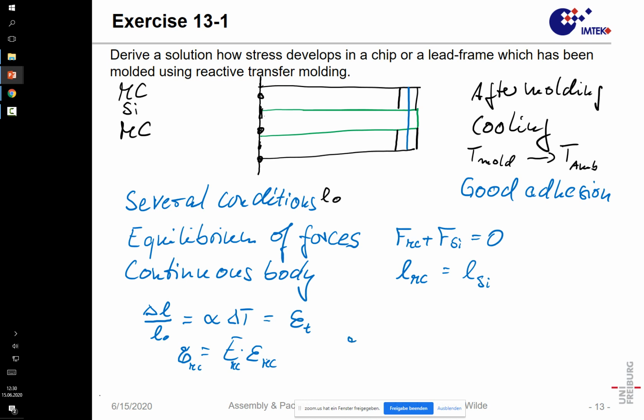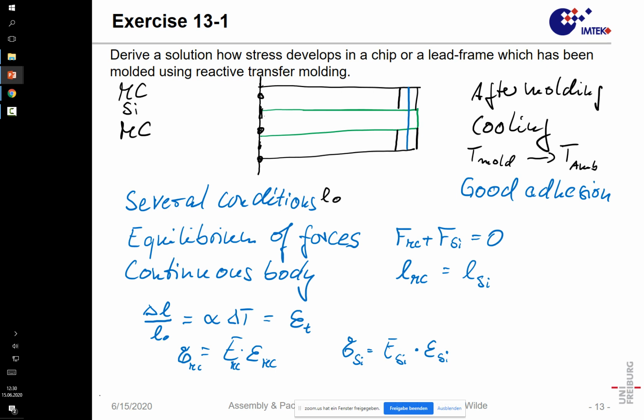The sigma in the silicon is... so here we have 4 unknowns, and we must say the following.